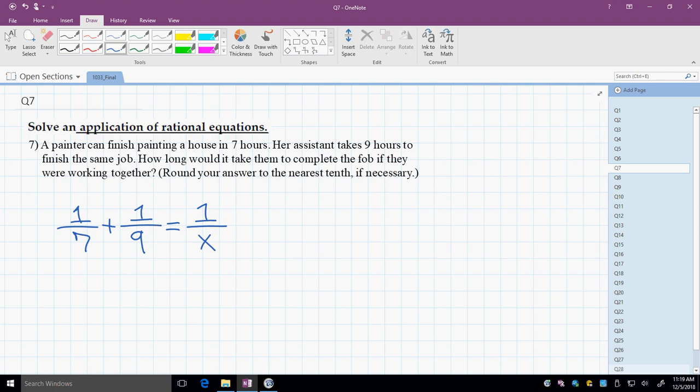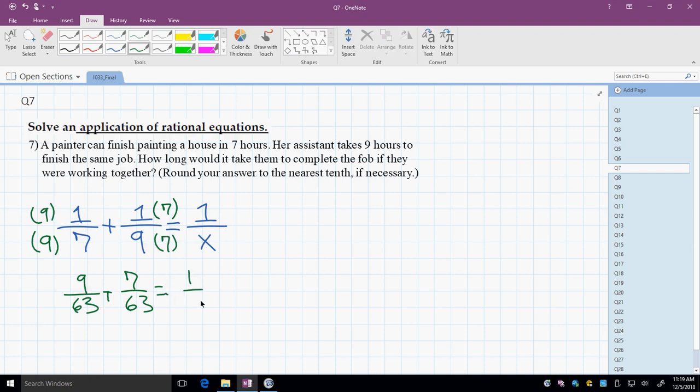In order for us to add fractions, we have to have the same denominator. They don't have anything in common. So the only thing I can do is multiply top and bottom by 9, and on this side, multiply top and bottom by 7. 9 times 1 is 9. 9 times 7 is 63. 7 times 1 is 7. 9 times 7, 63.